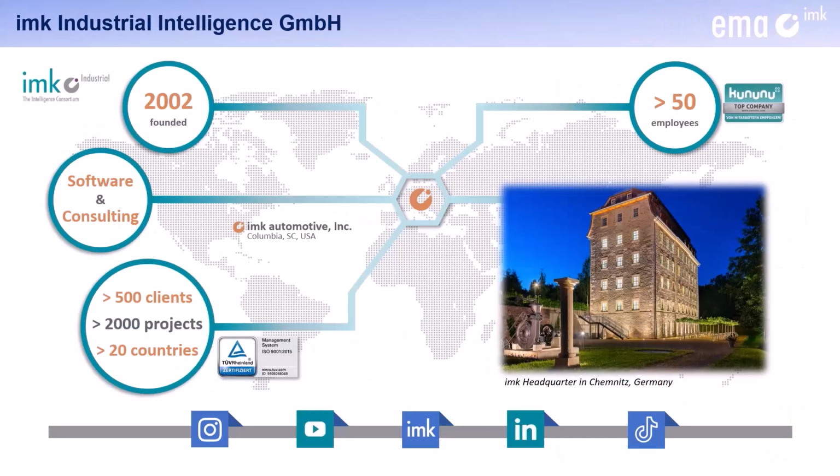Our company IMK Industrial Intelligence was founded more than 20 years ago, in 2002. We are located in Germany, in Saxony, and Chemnitz is our headquarters, with a little more than 50 employees.